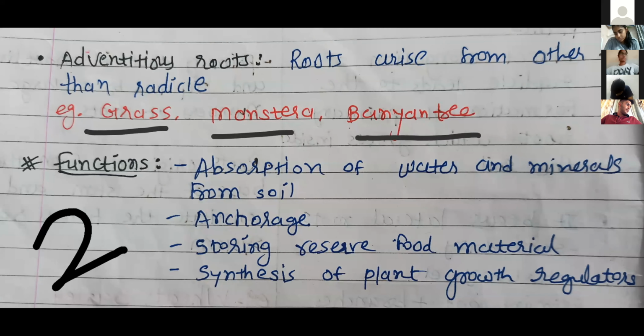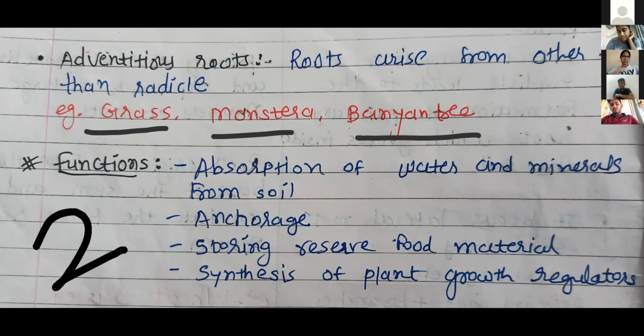Remember, fibrous is only for monocots. Fibrous is for that only, which one? Monocot. Otherwise, banyan, you know, is a dicot plant, right? Adventitious is different. Roots arise from other than the radicle. In that, the example is grass. Grass you have observed, right? In the garden. Monstera, remember this name, and banyan.